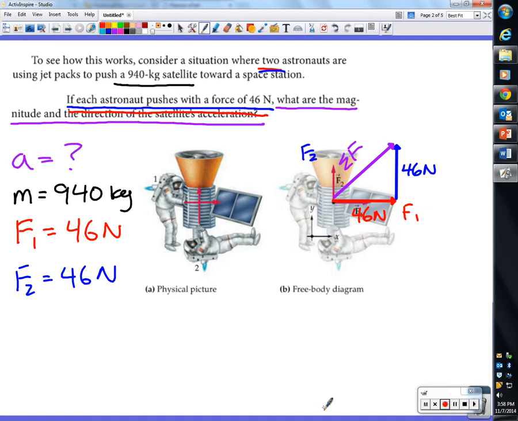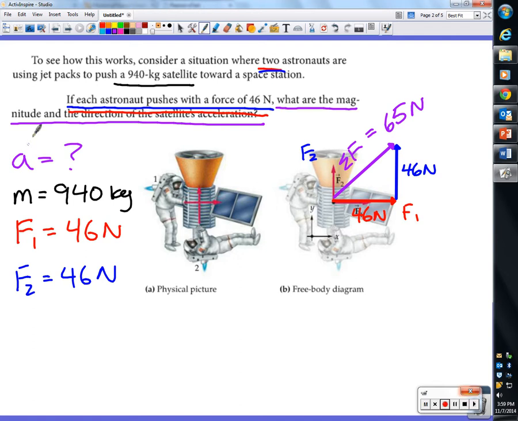So go ahead and do that now. When I do it on my calculator, I get that that hypotenuse is 65 newtons. We're going to need a direction here. Well, let's hold on to that just for a second.